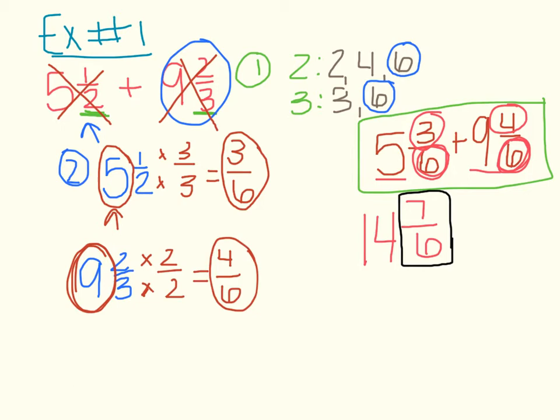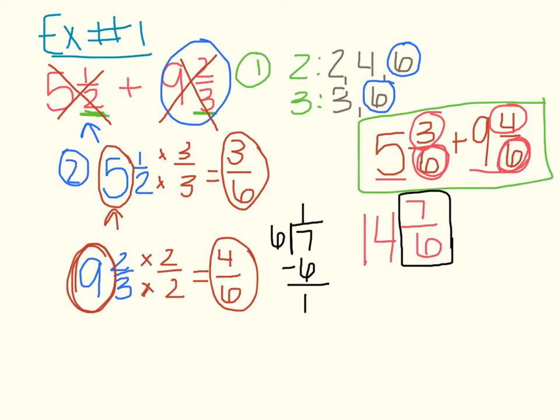So think back to topic 6 when we did improper fractions to mixed numbers. And what we did was we divided. So 7 divided by 6. Remember, your numerator always goes inside. 6 goes into 7 one time with 1 left over.